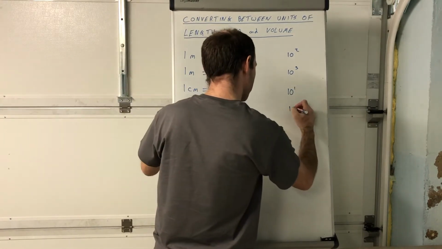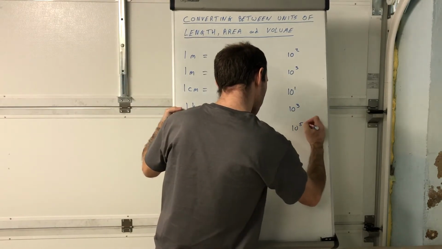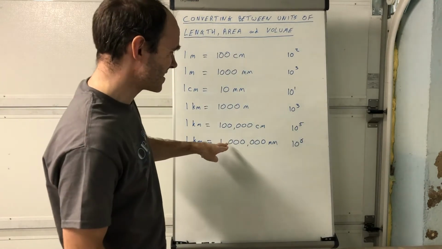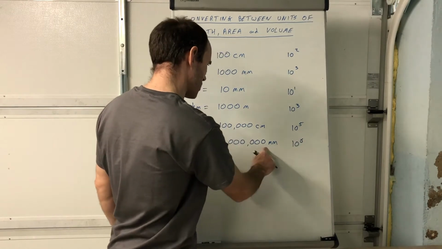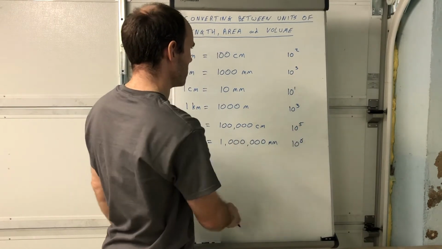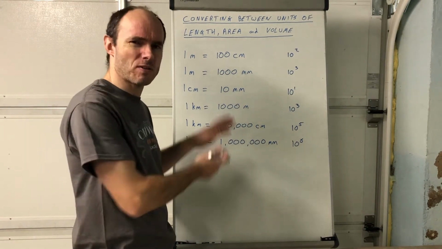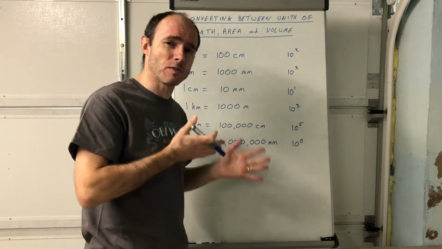This one here is 10 to the power of 5, and this one here is 10 to the power of 6. Quite simply, in these really simple cases, the power is how many zeros you've got at the end. But that's generally what you need to know for converting between units of length.